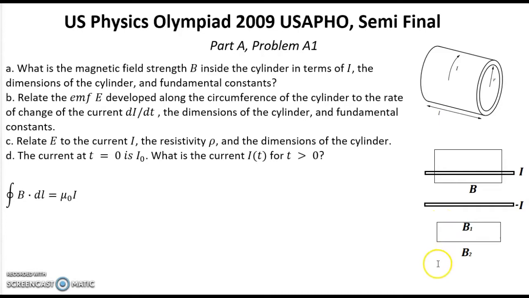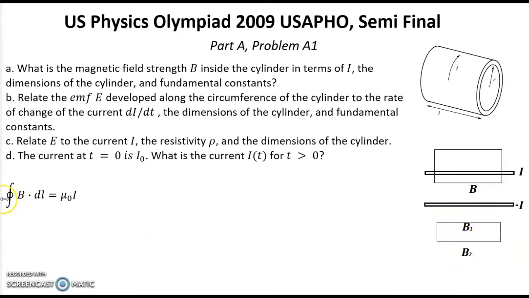Due to symmetry, this magnetic field must be parallel to the horizontal, and it must be constant in any direction, and it can depend only on the distance from the cylinder. Suppose that here on this line we have magnetic field B2 and here is B1.